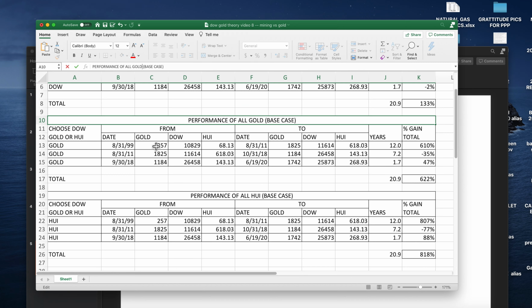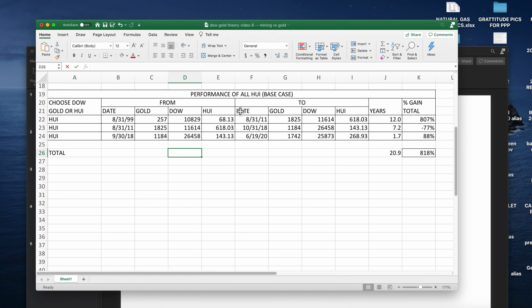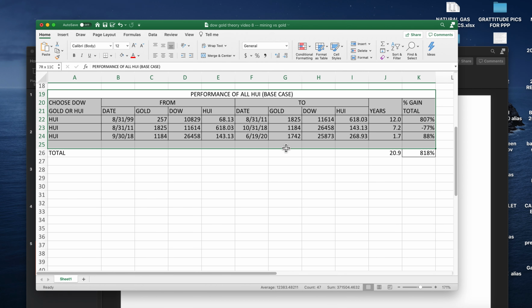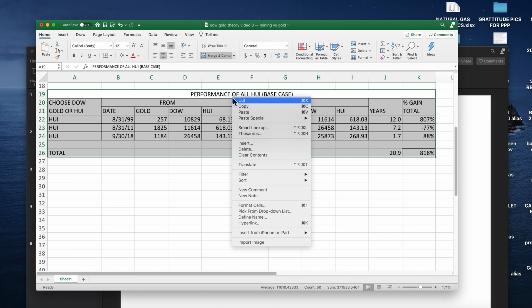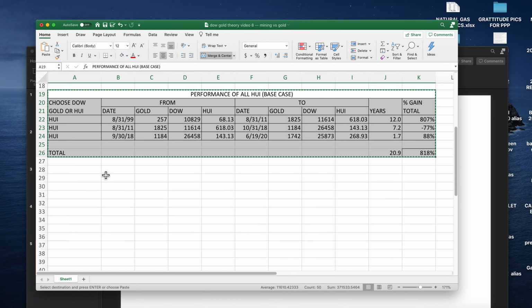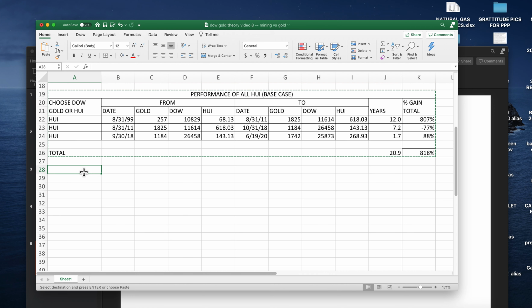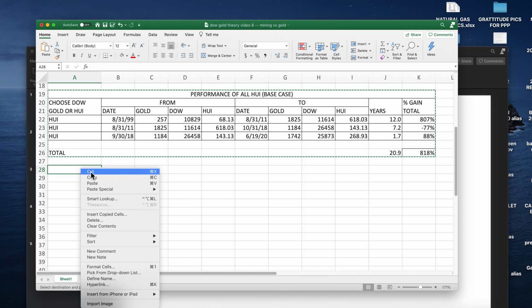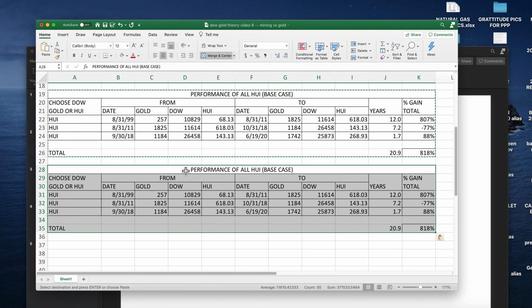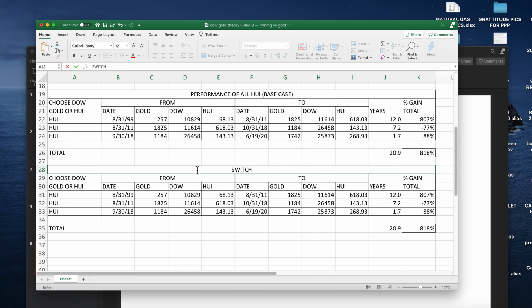And so now let's look at switching between, let's try gold and Dow.